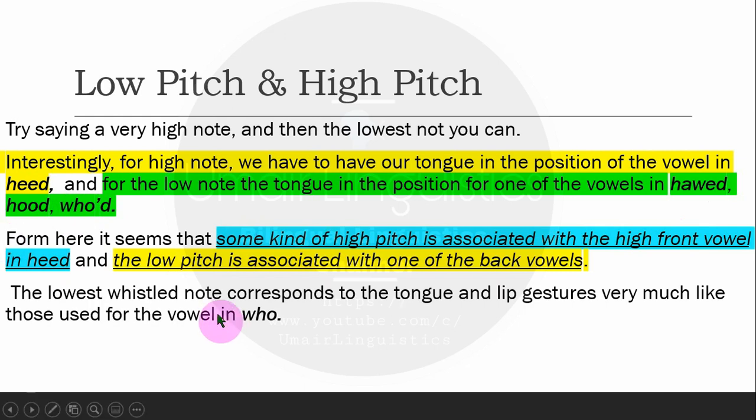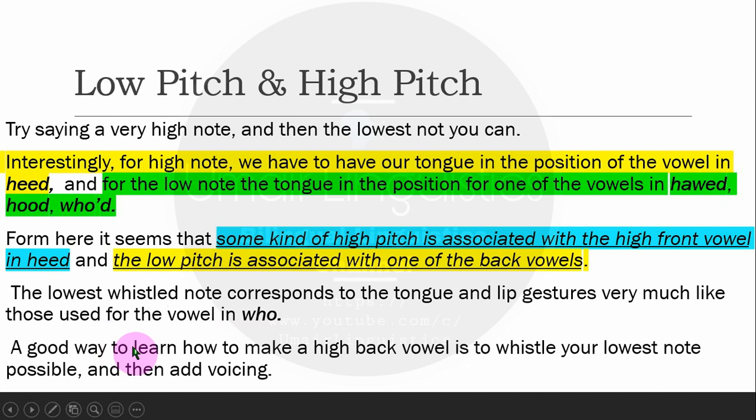And the lowest whistle note corresponds to the tongue and lip gestures very much like those used for the vowel in who. So the lowest note which we could produce requires tongue and lip gestures much like the vowel oo. The position and the gestures of lips which we have in oo are the gestures to produce the lowest note.